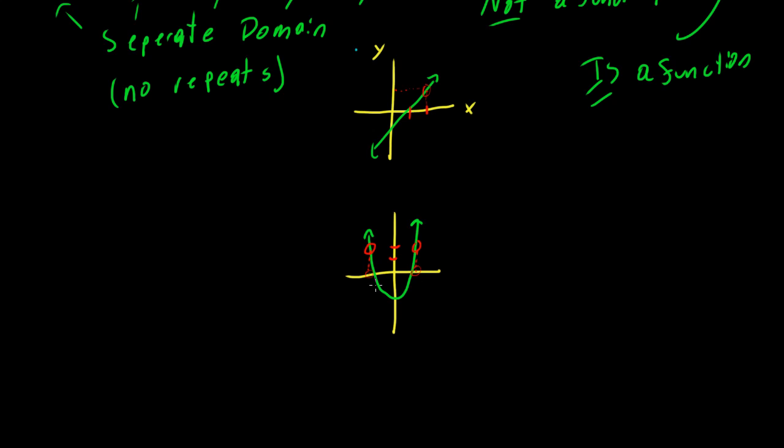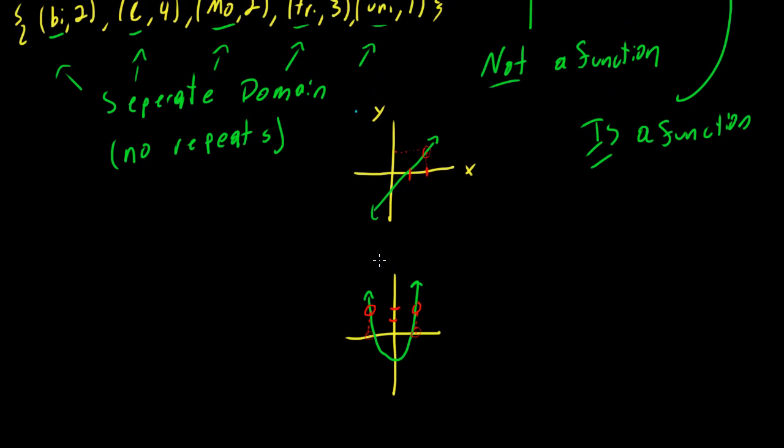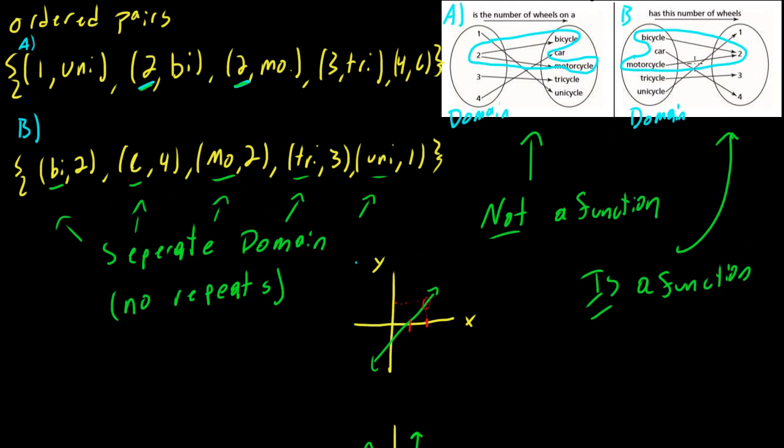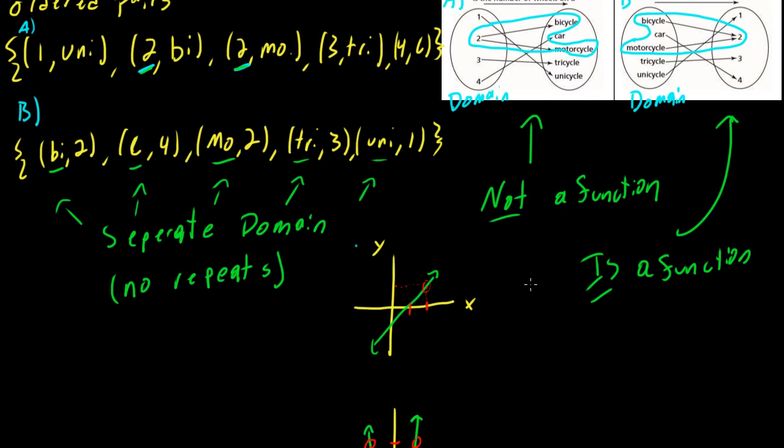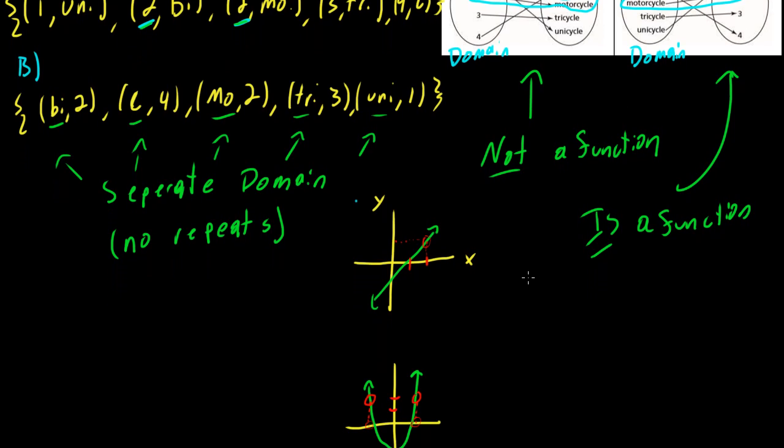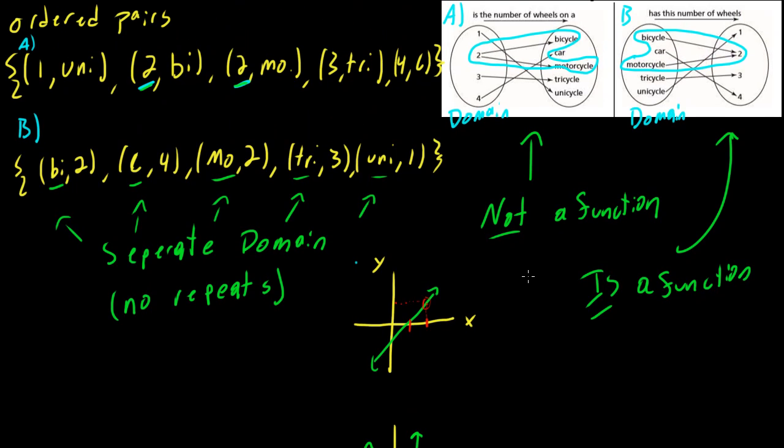They're both separate. One domain goes with one range. We can have repeated range values, that's fine, that doesn't matter, or repeated second set values, that doesn't matter. But we should only have one domain value going to one range value.